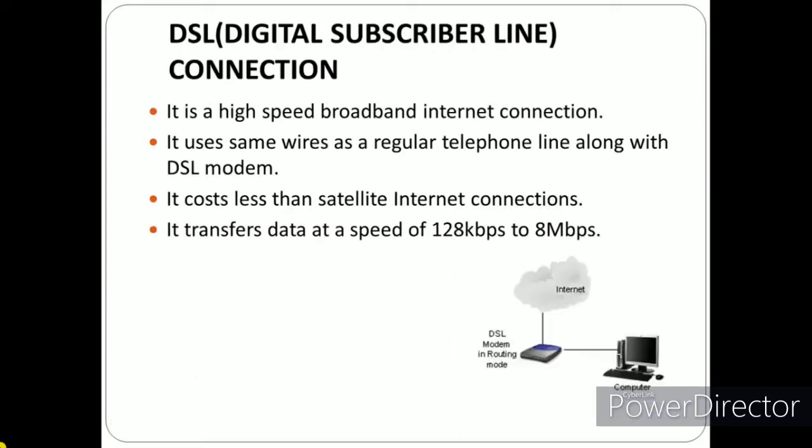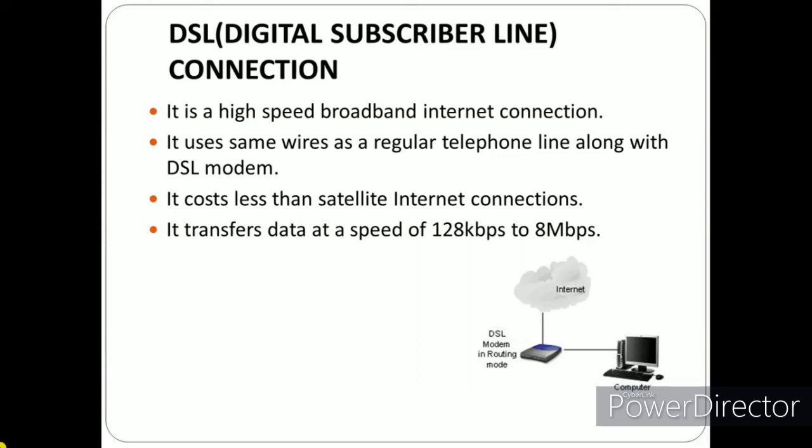Next is DSL. DSL stands for Digital Subscriber Line connection. It is a high-speed broadband internet connection. It uses the same wires as a regular telephone line, along with the DSL modem. See the figure given here.